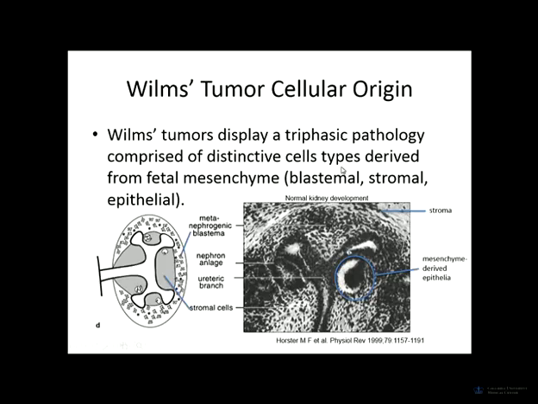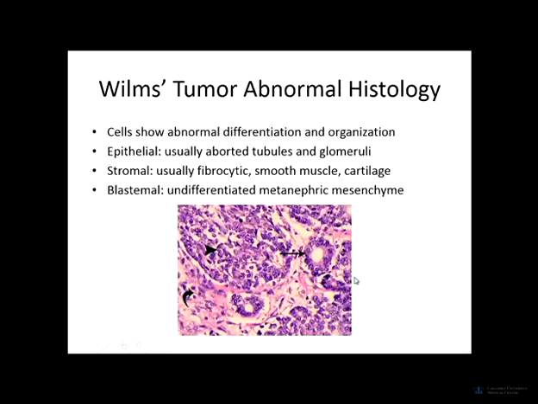This is what we think about the cellular origin. This is normal kidney development. This is the ureteric bud branching. This is the undifferentiated mesenchyme here becoming developed. In Wilms tumor, however, you have different cell tissue compartments disorganized.